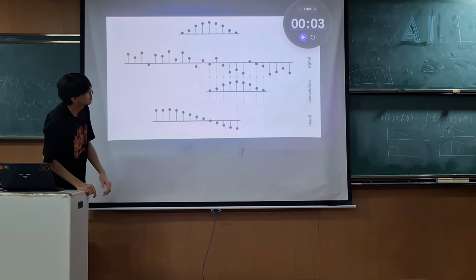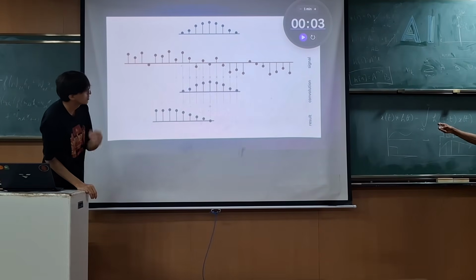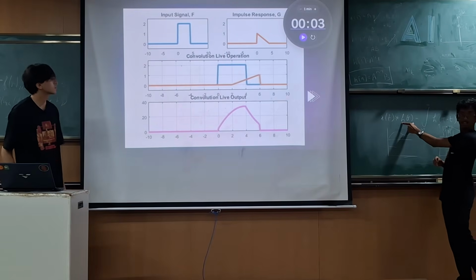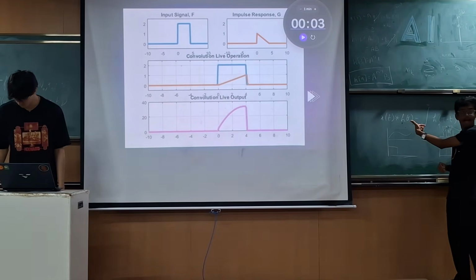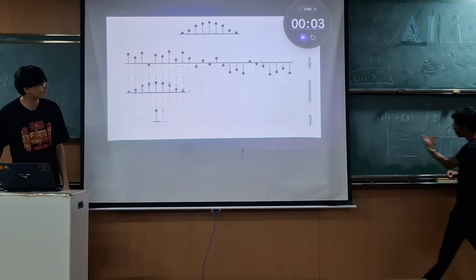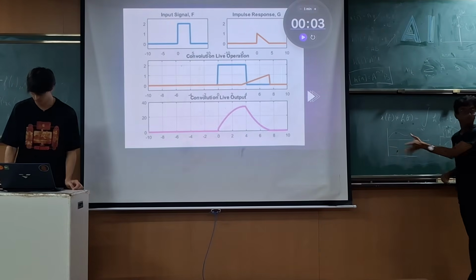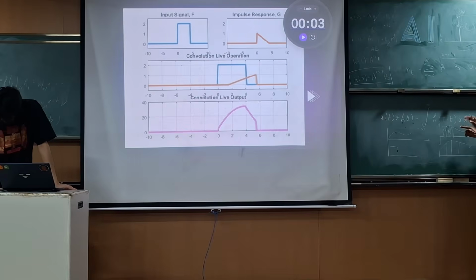Now in continuous time, that sum will become an integral. You take this, flip the signal, and shift the signal from minus infinity to plus infinity. As you shift, you take the overlap, so you multiply both, that's the overlap.